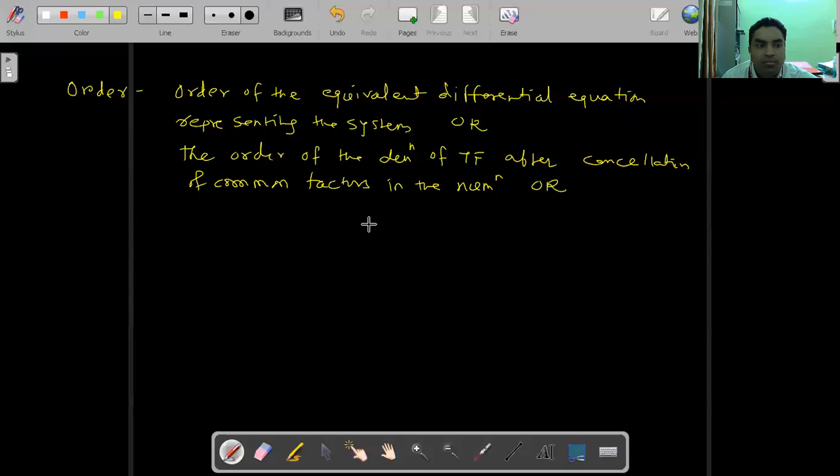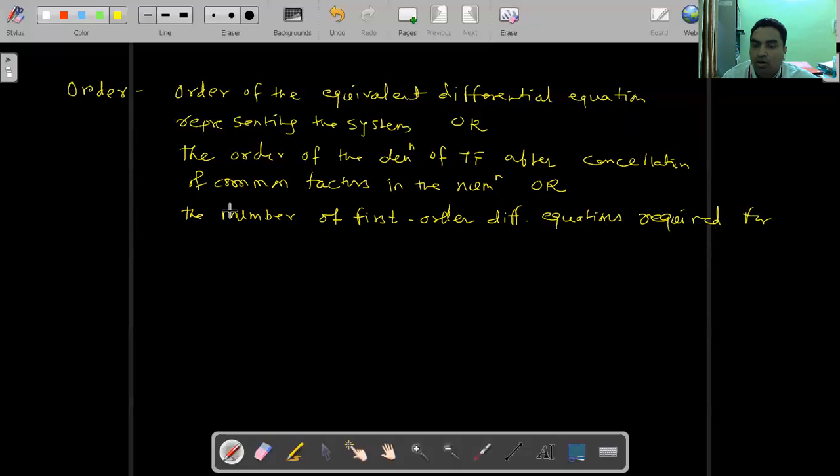Once again, it can be defined as the number of first order differential equations required for the state space representation.